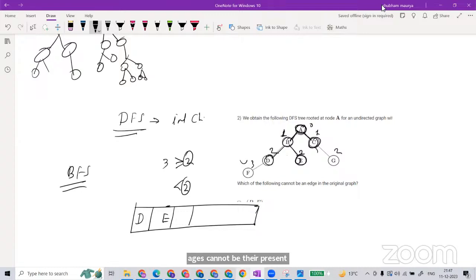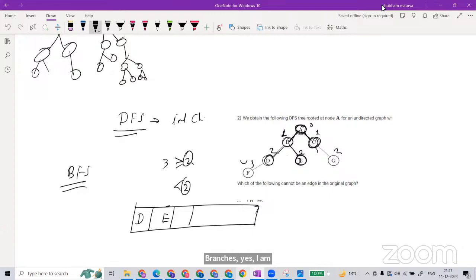Backward edges will not be there, but we can draw edges from one side to another side. Between two branches there could not be any edge.